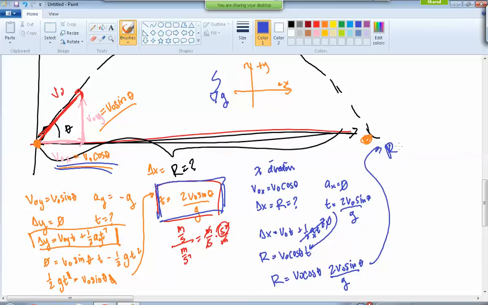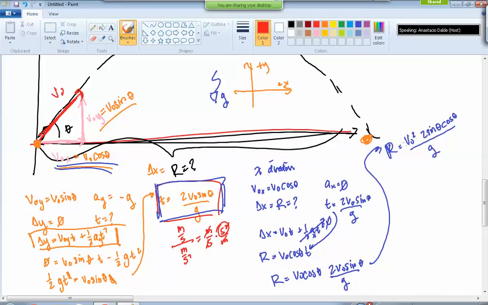Your range equation is actually v naught squared times 2 sine theta cos theta all over g. Do you believe me? Yeah. Yes, of course you believe me. I'm your teacher. But let's check the units. I wouldn't believe me either.